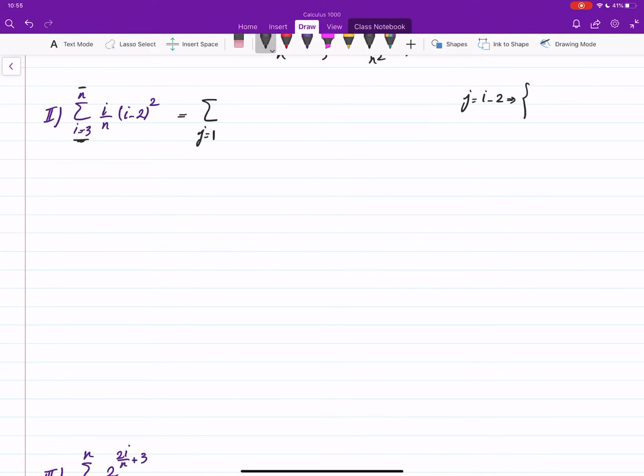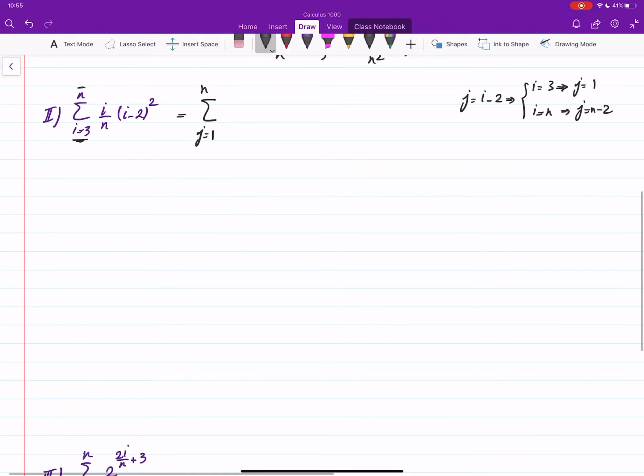In that case, when i is 3, the starting point, then j would be 3 minus 2, which is 1. So j starts from there. When i gets to n, j would be n minus 2. So the end point would be n minus 2. And wherever you see i minus 2, you replace it by j. And whenever you see i, you can replace it by j plus 2.